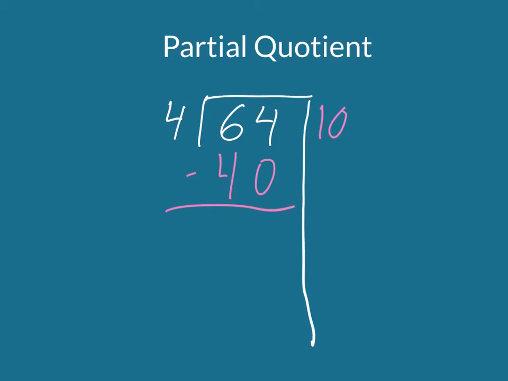So again, here I would have known that it's 24, and I know that 4 times 4 gives me 16, so I could have done it this way, and I still would have gotten the correct answer of 16.